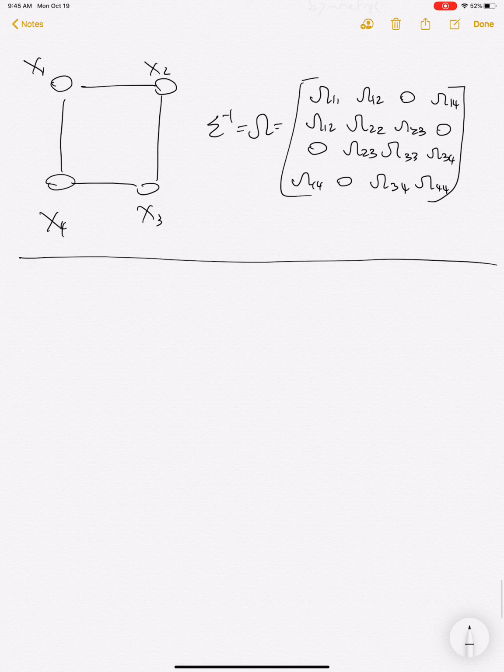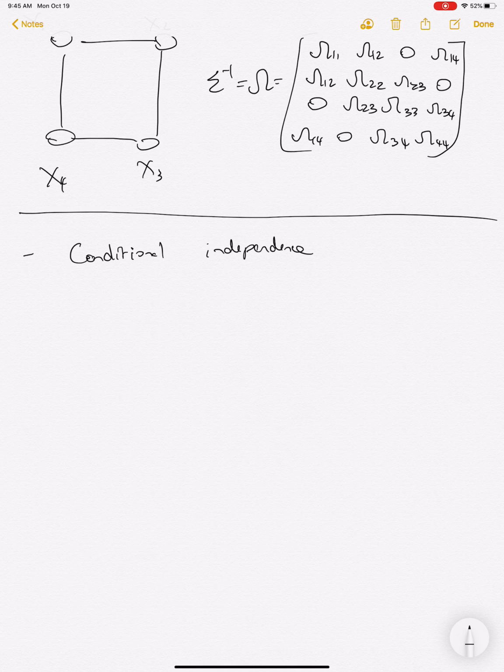Okay, so that was factorization, and then the other question is conditional independence. This is the other way to relate graph structure to the concept of probability of conditional dependence.